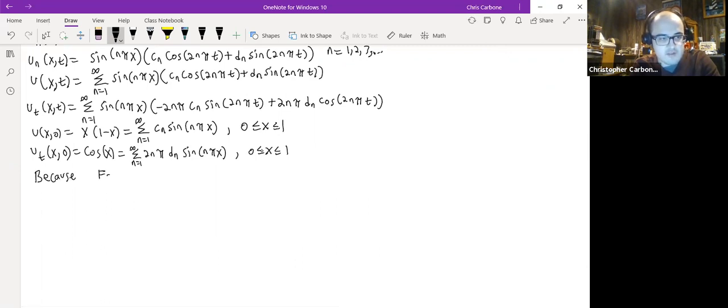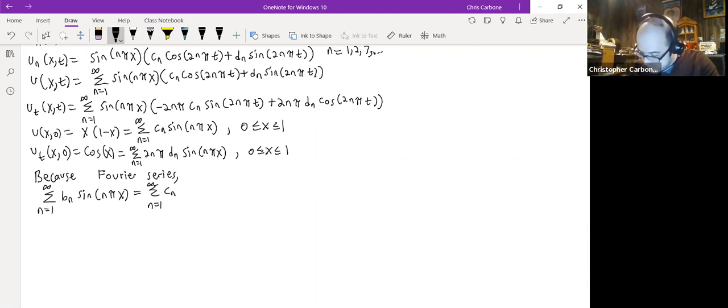Because of these Fourier series, we could write that the sum as n is equal to 1 to infinity of b sub n times sine of n pi x is going to be equal to the sum as n is equal to 1 to infinity of c sub n times sine of n pi x. And because of this, we could write a couple of things.